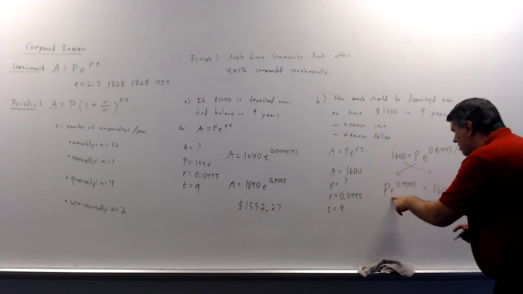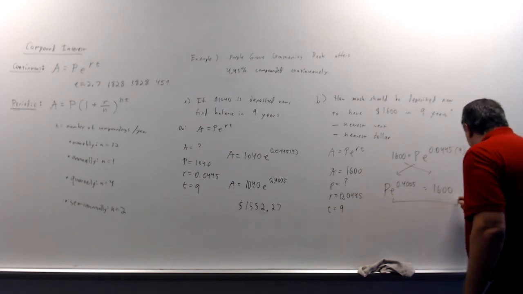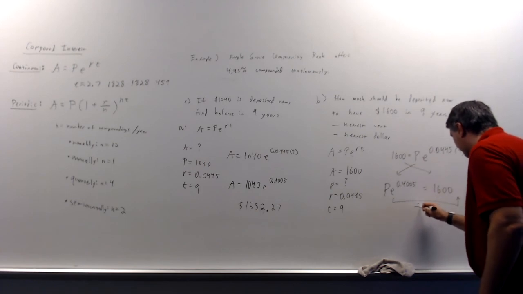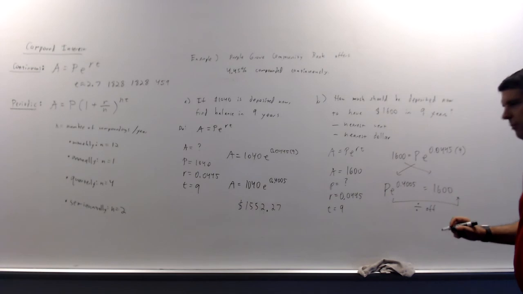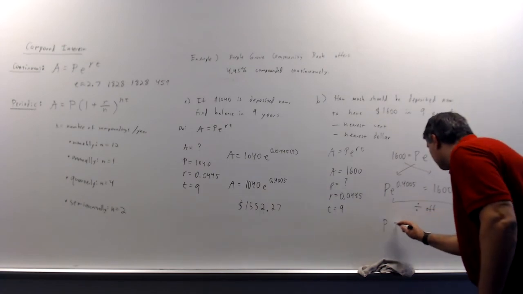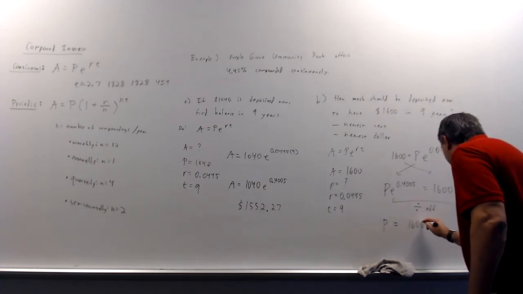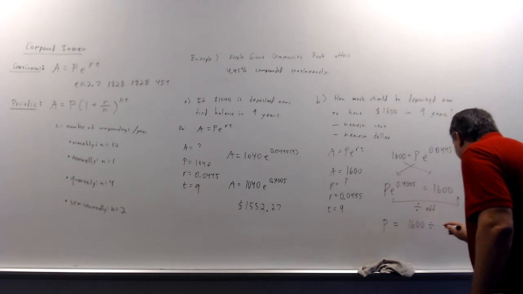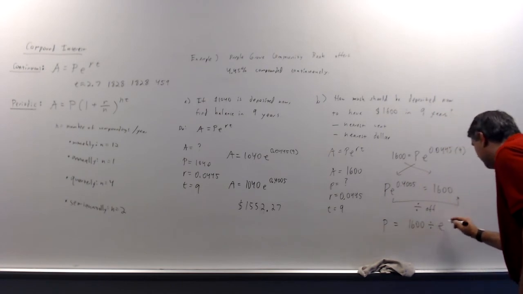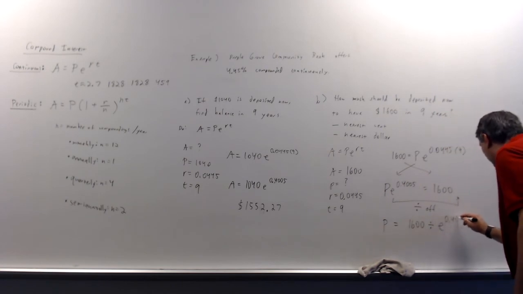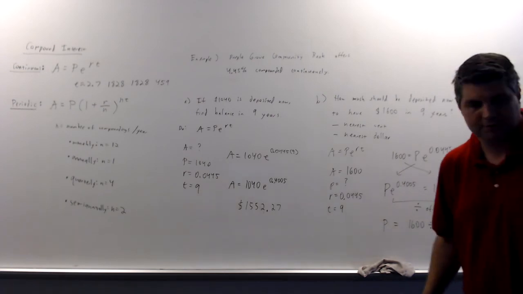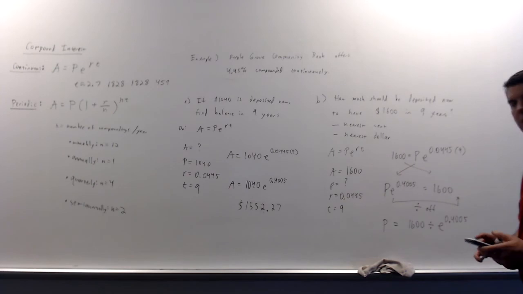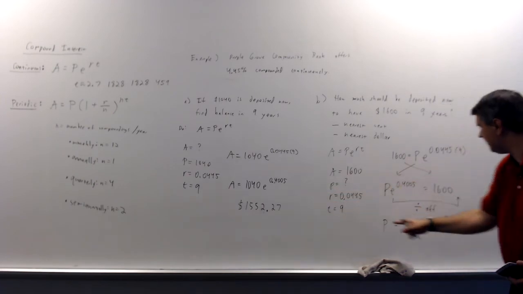I'm going to undo the multiplication by dividing. And yes, that is the arithmetic division symbol, and that's what I'm going to use. So P equals 1600 divided by e to the 0.4005 power. Okay, so I'll do similar to what I did here, except instead of multiplying, I'm going to divide.